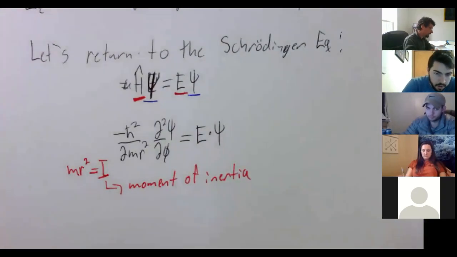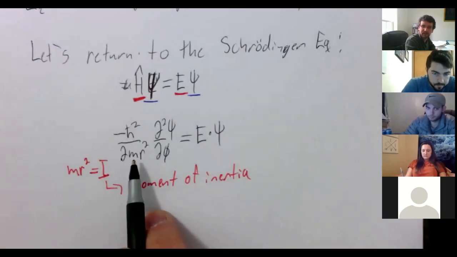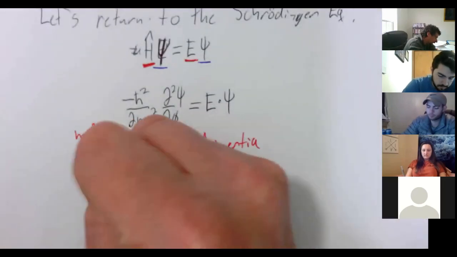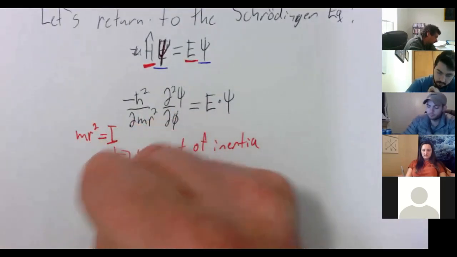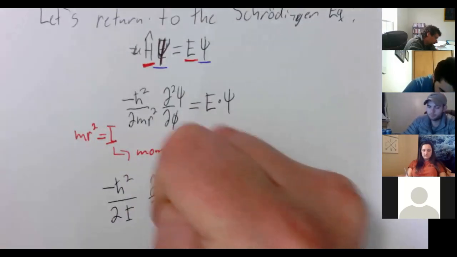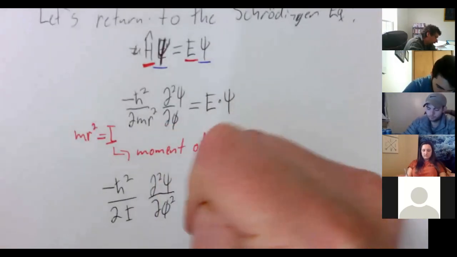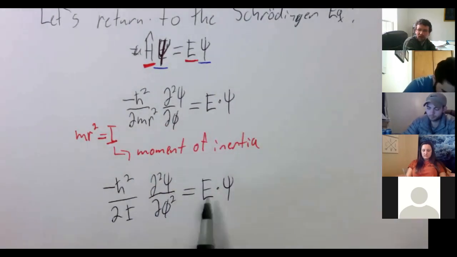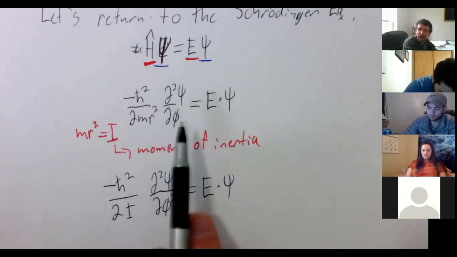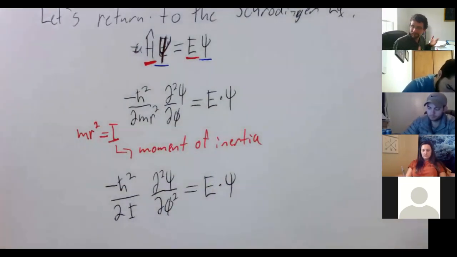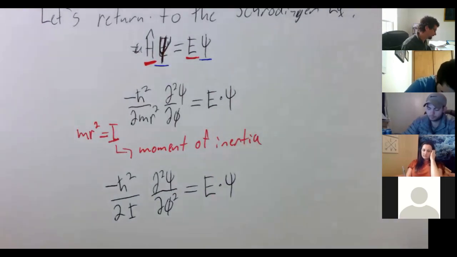Your book does this, and it's what we're going to write more frequently: negative h bar squared over 2I equal to this. So you're more likely to see this in your book than the top expression. I prefer the top one a little bit more, but you'll just see that.